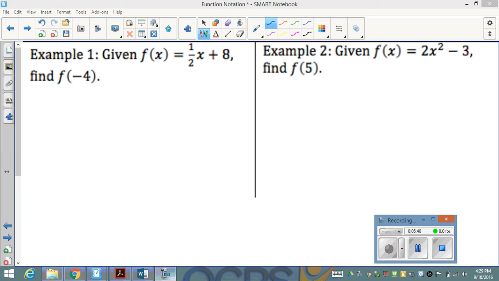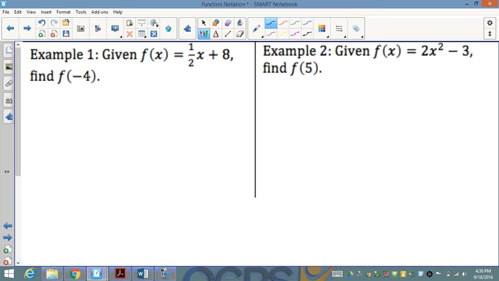All right, so here we go. Example 1: given f of x equals 1/2 x plus 8, find f of -4. So remember what that means. I'm going to take out the x, and I'm going to plug in -4.